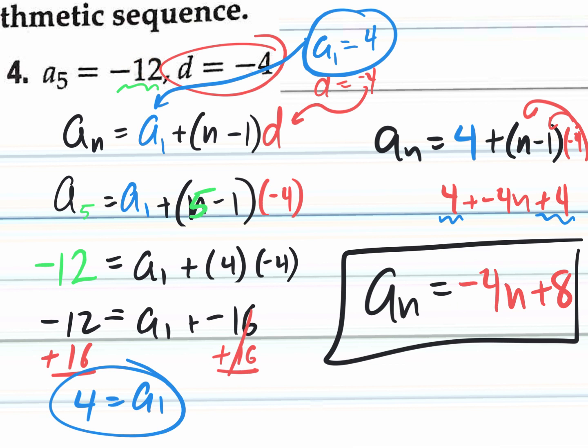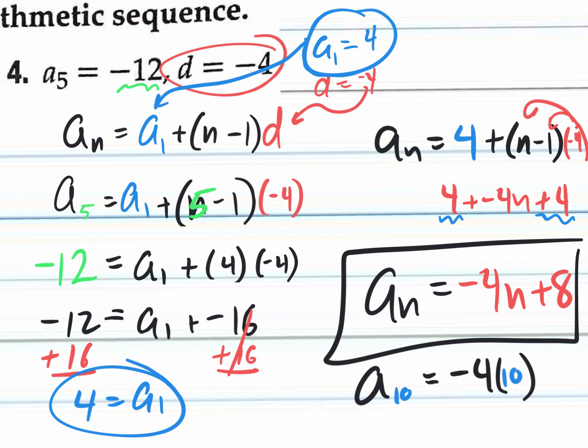So once you have this, you could actually write your whole list. You could write a sub 1, your a sub 2 by plugging in 1, plugging in 2. You could find your 73rd term if you wanted to by plugging in 73, multiplying, adding 8, and it would give you your 73rd term. When you are finding the 17th number or the 10th number, whatever number you want, we use this notation, a sub 10, to find the 10th number, right?